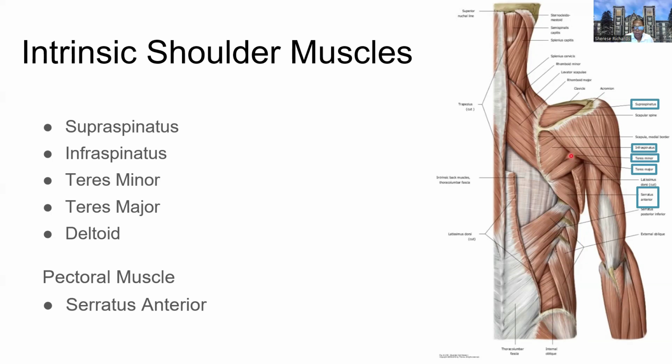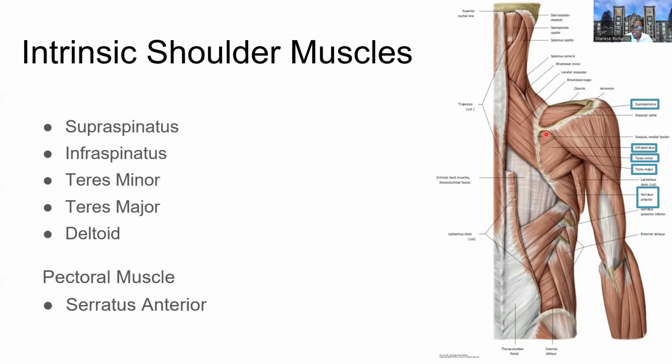Now, continuing in that order, we have teres major, major being much larger and below the teres minor, as well as the deltoid. Deltoid being the outermost muscle covering up most of the shoulder joint itself, also covering up most of the intrinsic shoulder muscles.